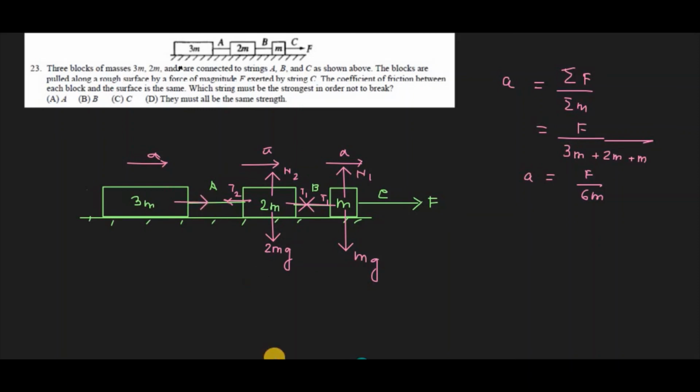Similarly, the same tension T2 is transmitted along the string to the 3m block, with weight 3mg downward and normal reaction N3 upward.